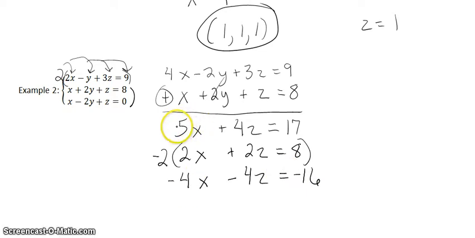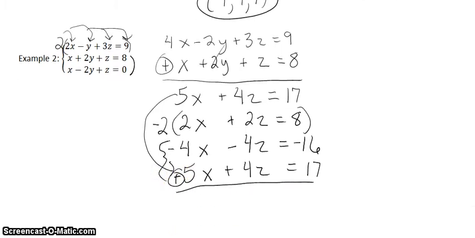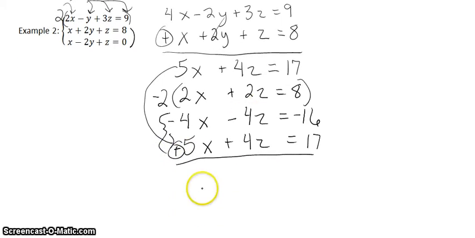I'll go ahead and write this one just below it. So 5x plus 4z equals 17. And then I'm going to be adding these bottom two together. So I'll have just an x, because it'll be -4 plus 5, it's just a 1, plus, oh, that would be 0, so I don't have to write that, equals 1.